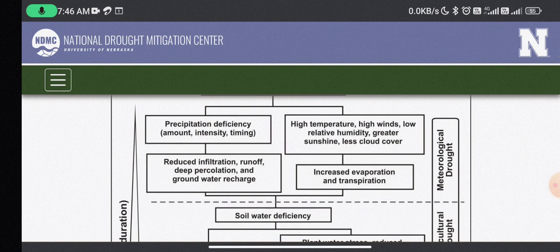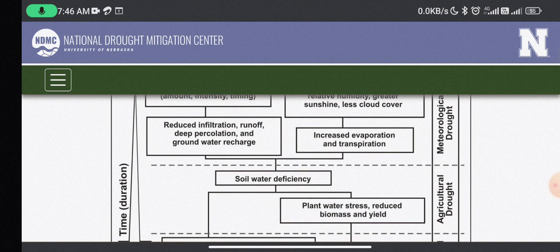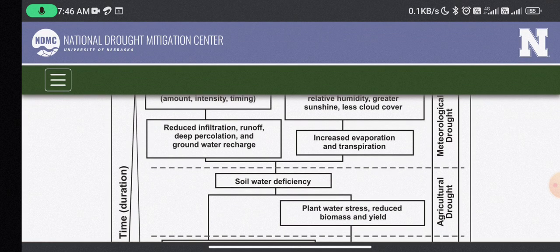From precipitation deficiency we get reduced infiltration, runoff, deep percolation and groundwater recharge. If there is high temperature, high winds, low relative humidity, greater sunshine, less cloud cover, then we will have increased evaporation and transpiration. So this is known as meteorological drought. I hope it is clear.